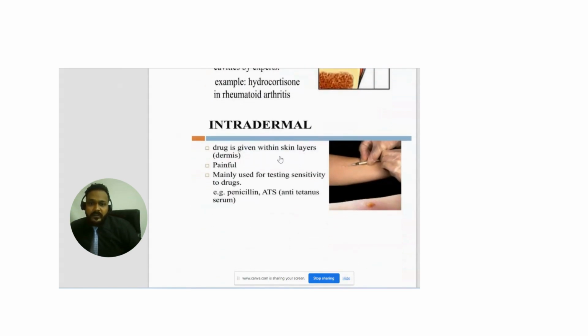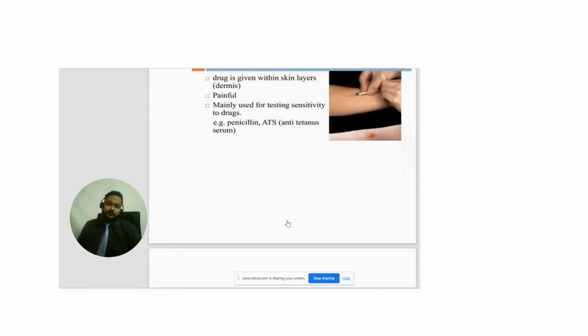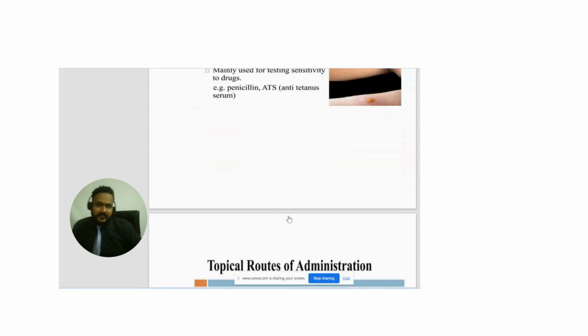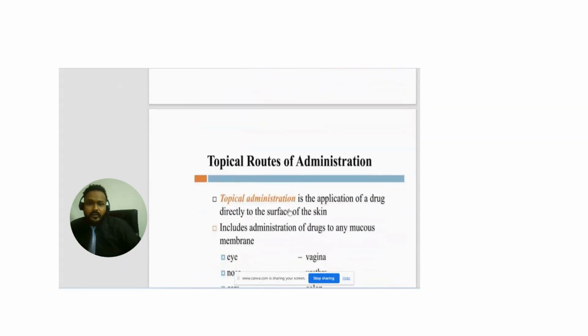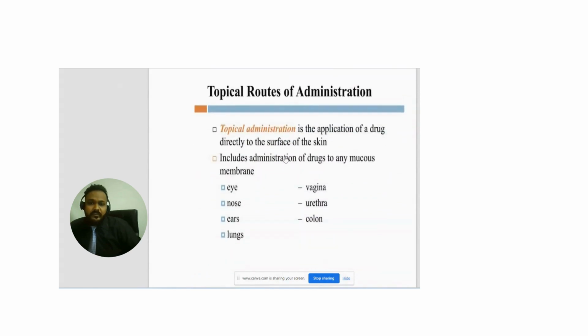Intradermal, the drug is given within the skin layer, the dermis. It's painful, mainly used for testing of sensitivity of drugs like penicillin and anti-tetanus serum. Chickenpox vaccine is given by this route. Now, topical route of administration. Topical route of administration is the application of drug directly to the superficial part of the skin.